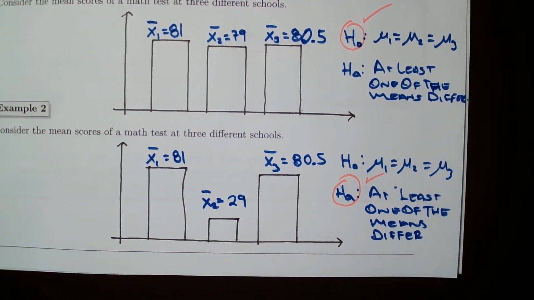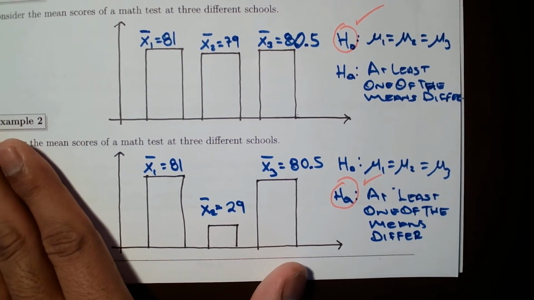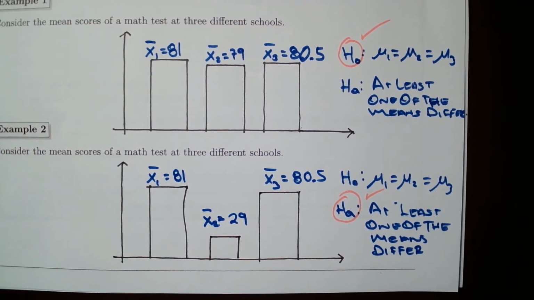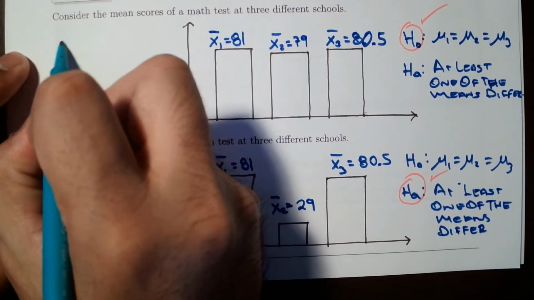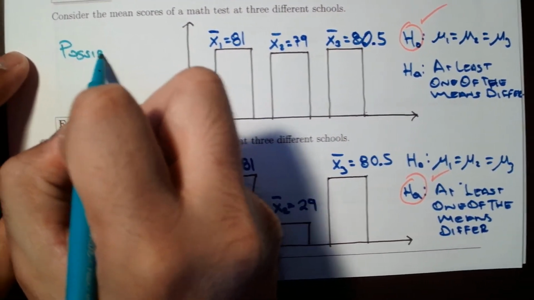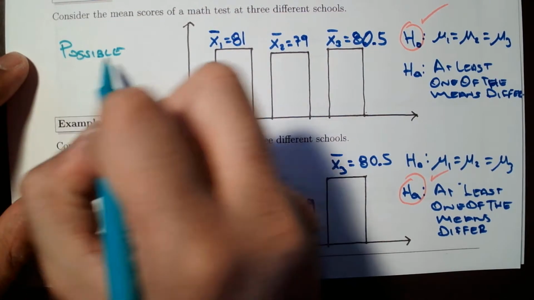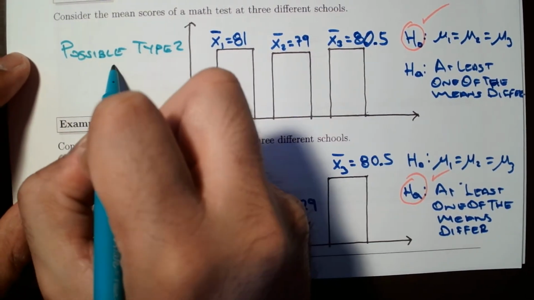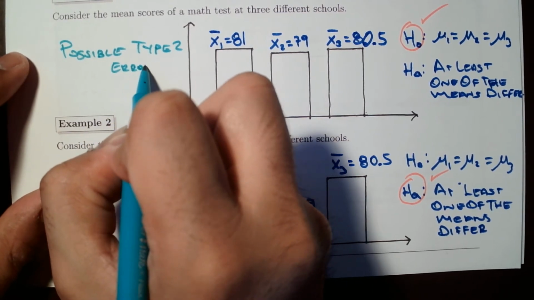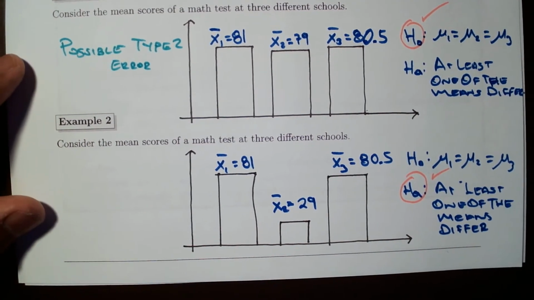But again, keep in mind, if we go back to chapter 8, in which we learned hypothesis testing for the mean, rather for one sample, most likely this could be a possible type 2 error.